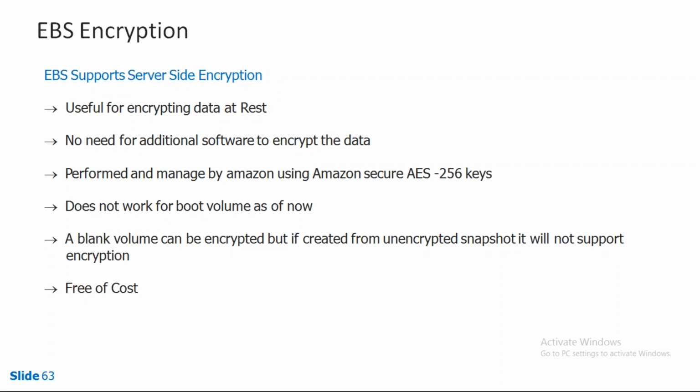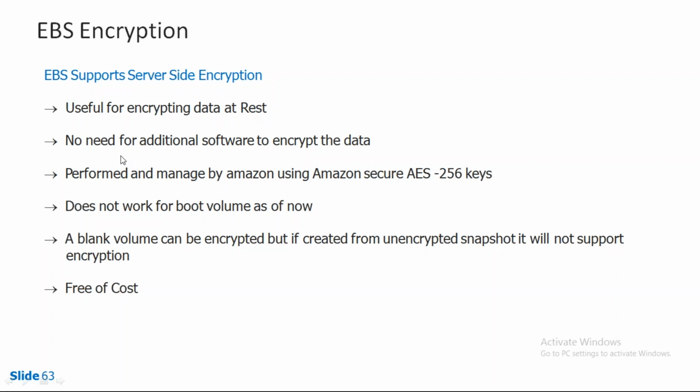Client-side encryption is when you encrypt your data before uploading it to the server, and we ourselves have to do that. With server-side, after the data is uploaded, it is encrypted using some tools. That is server-side encryption, useful for encrypting data at rest.